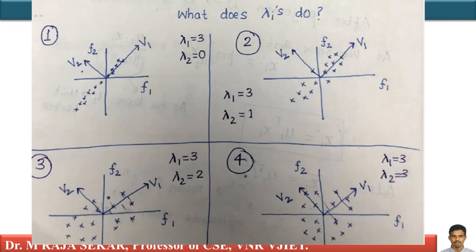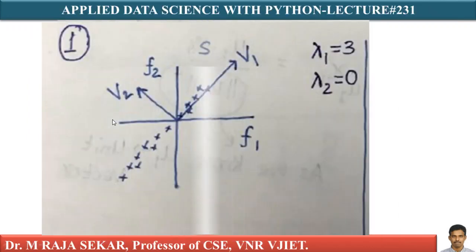Now you might have understood case 1. Otherwise, let me keep it in a separate slide. This is my case 1. What is my lambda 1 by lambda 1 plus lambda 2?